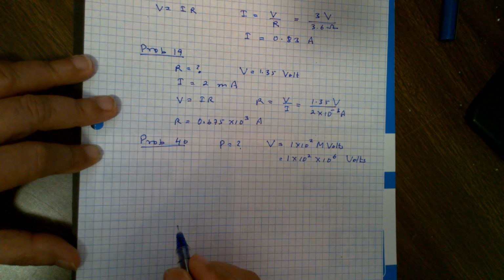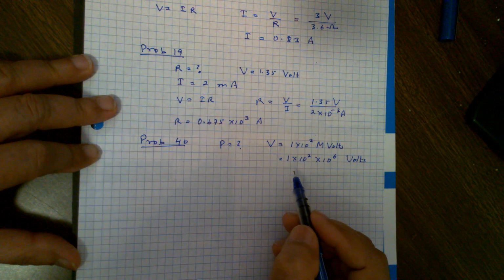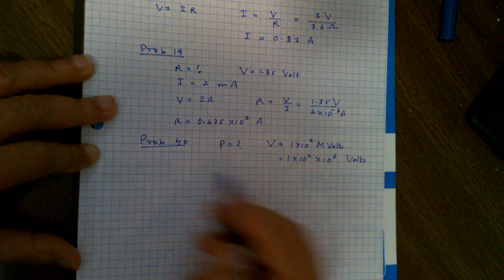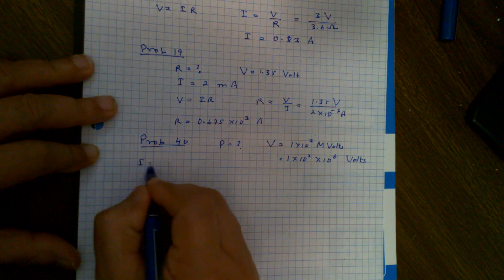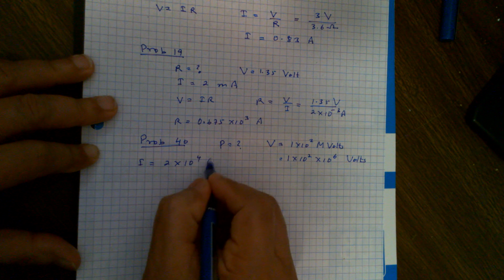Let me read the problem again. What is the power of a 1 times 10 to the power 2 million volt lightning bolt having a current of 2 times 10 to the power 4 amps? So current I is equal to 2 times 10 to the power 4 amps.